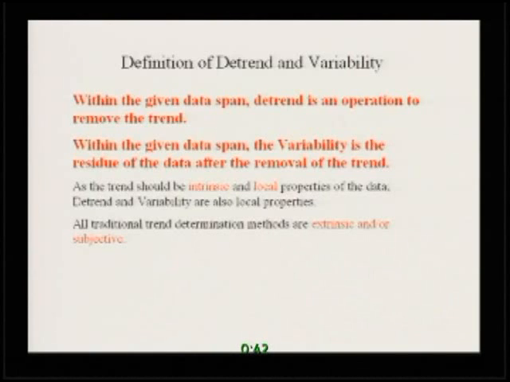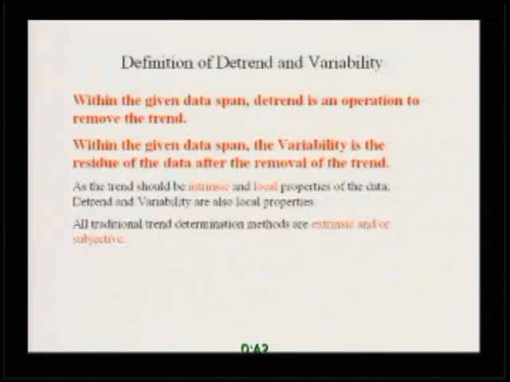D-trend, within the given data span, is the operation to remove the trend. You take the trend away. And what's left is the variability. When you say variability, you have to have a reference. This reference is: you vary from what? In the past, people discussing variability always referred to the mean.